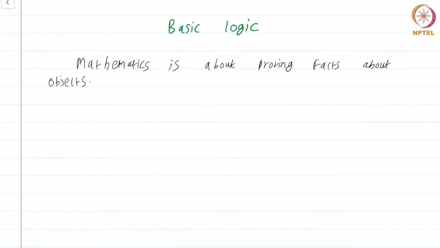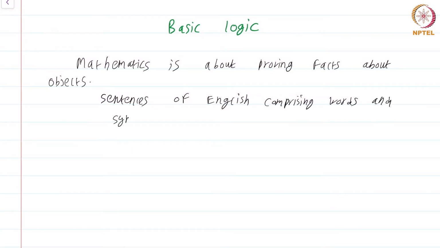So mathematics deals with certain sentences of English comprising words and symbols that assert something. Rather than this wordy definition, seeing a few examples will clarify it most aptly.